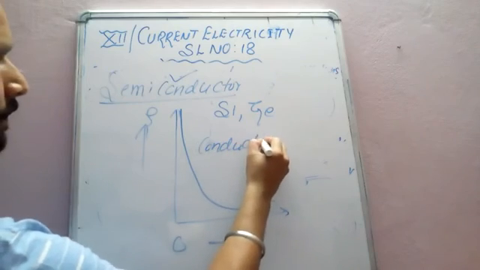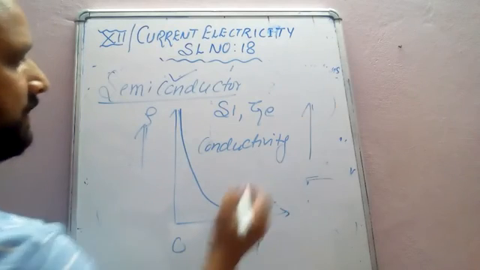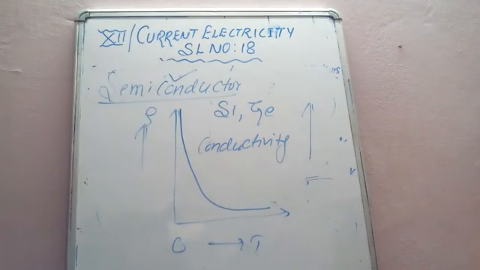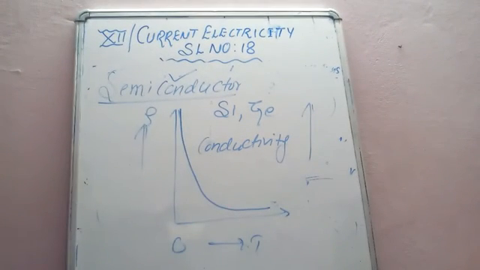Means whenever temperature goes up to higher and higher values, the value of conductivity starts rising. So this is a very different behavior: with rise in temperature, the resistivity of semiconductor material starts decreasing. In the last 3 or 4 examinations, the question has been asked many times, sometimes for 2 marks, sometimes for 3 marks.